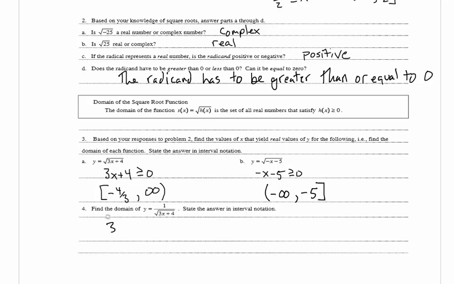So we're going to just say that 3x plus 4 has to be greater than 0. And so the one value that changes for the domain of 4 from 3a is now we cannot include negative 4/3. So we're going to have negative 4/3 in parentheses, because we're not including it, to infinity.